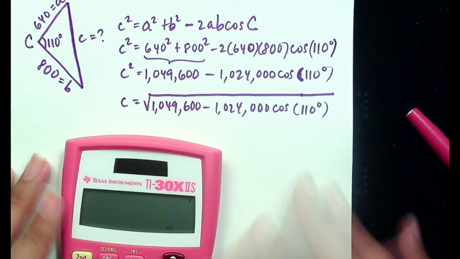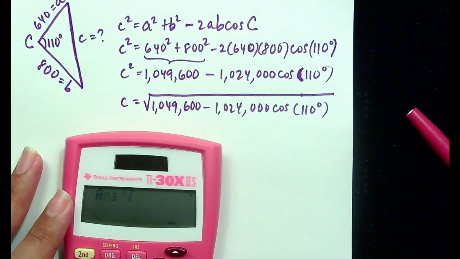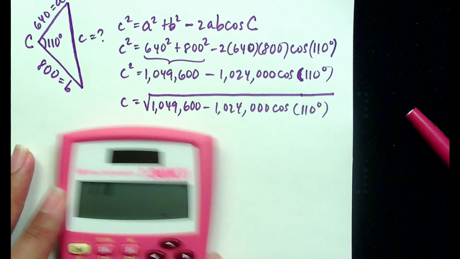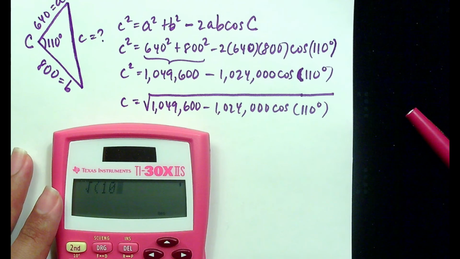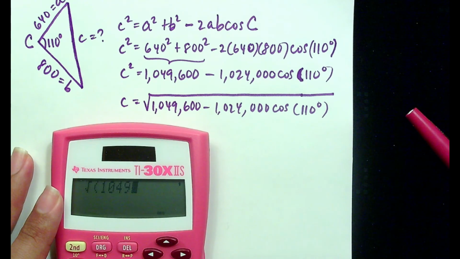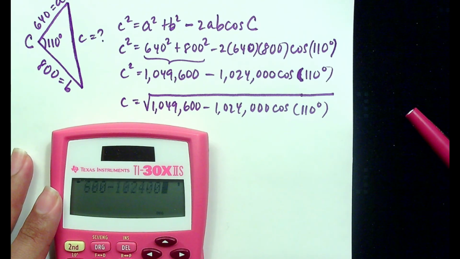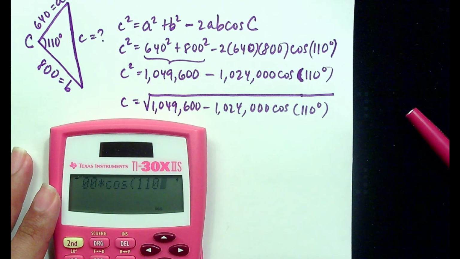So this is going to be the square root of 1,049,600 minus 1,024,000 times the cosine of 110 degrees.